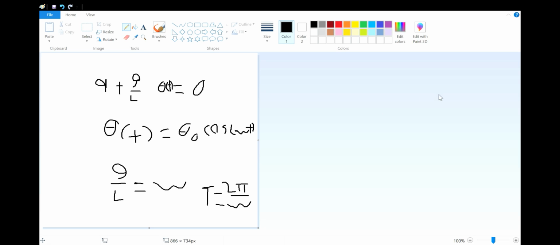And so, since we know the angular velocity of a pendulum specifically is gravity divided by length, the period should be 2 pi divided by gravity divided by length, which can be manipulated and simplified into 2 pi times length divided by gravity.